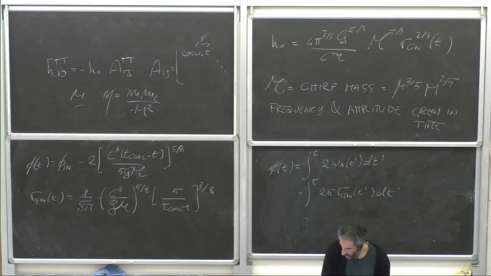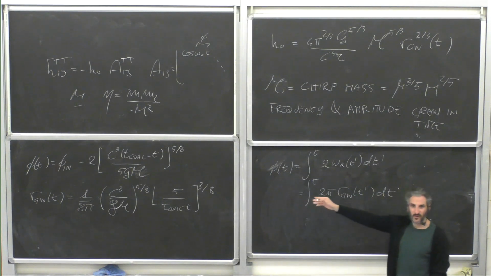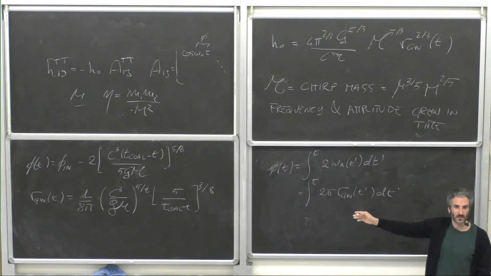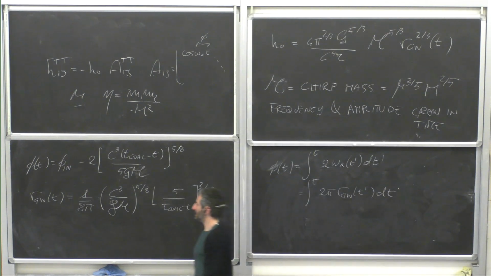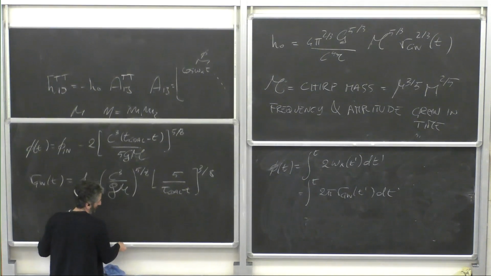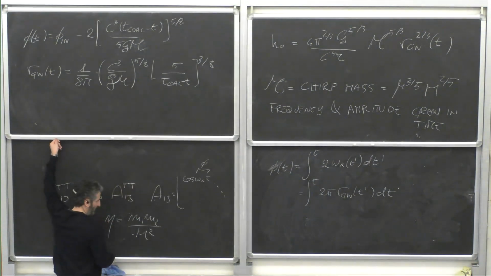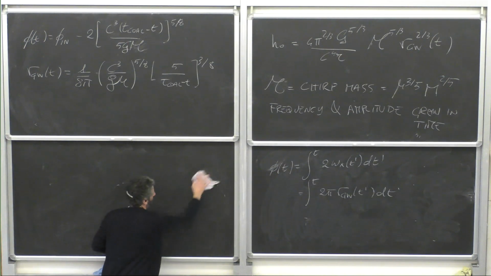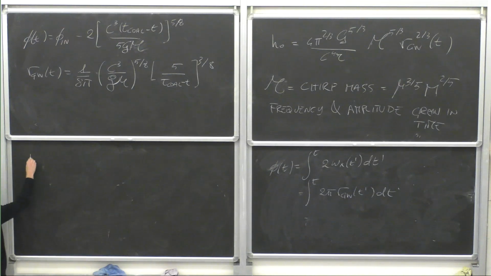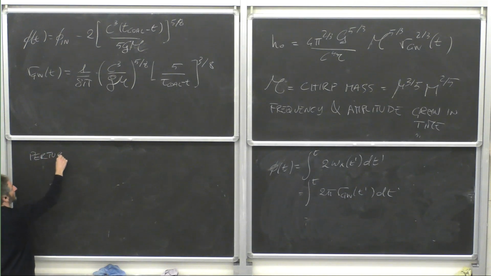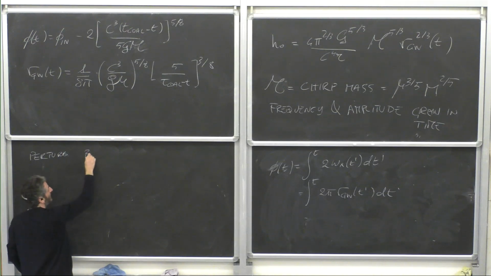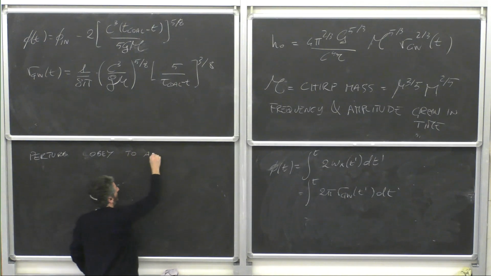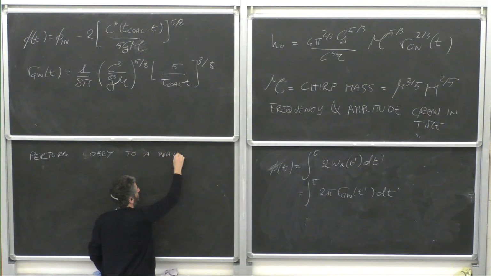Okay, so I think that this is the final message of these 2 hours and 20 minutes of lectures, okay? I think if you want to make a summary of what we have discussed so far, it is the following: the perturbations on top of the flat background obey a wave equation.